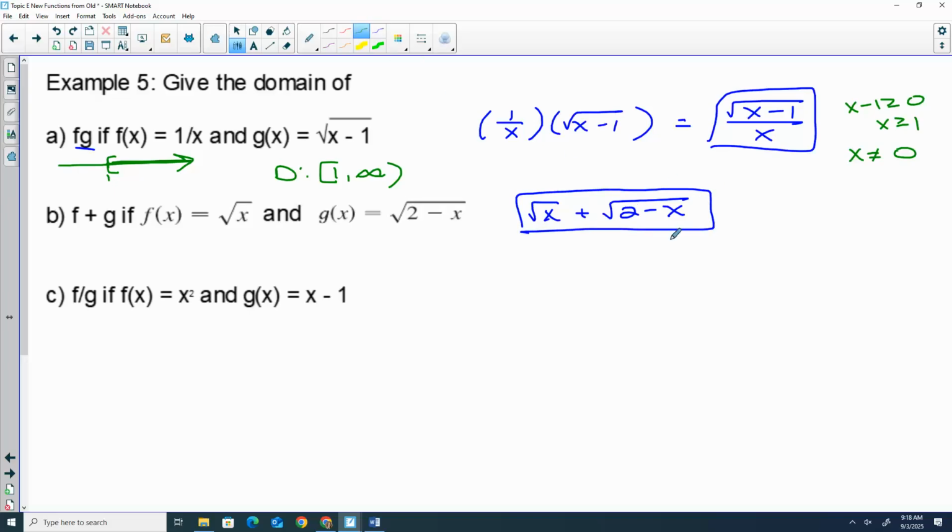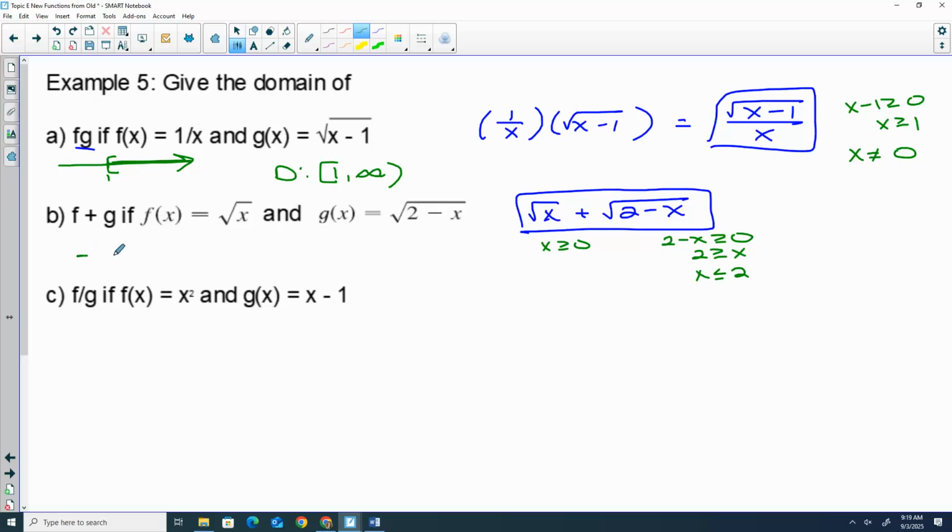My domain, though, we have to take both radicals into consideration. So the first one, we have just x greater than or equal to 0. The second one, 2 minus x is greater than or equal to 0. So if I add over my x, that means 2 is greater than or equal to x, so x is less than or equal to 2.